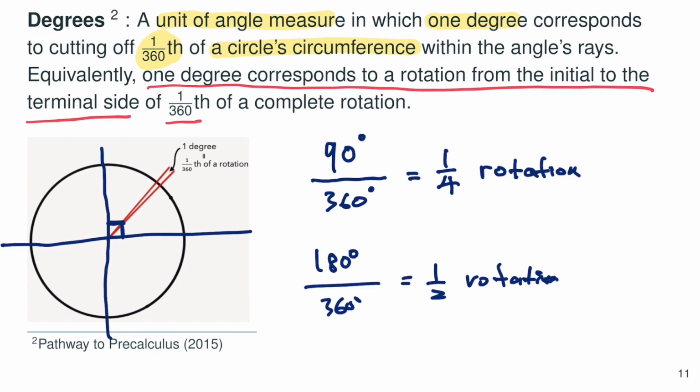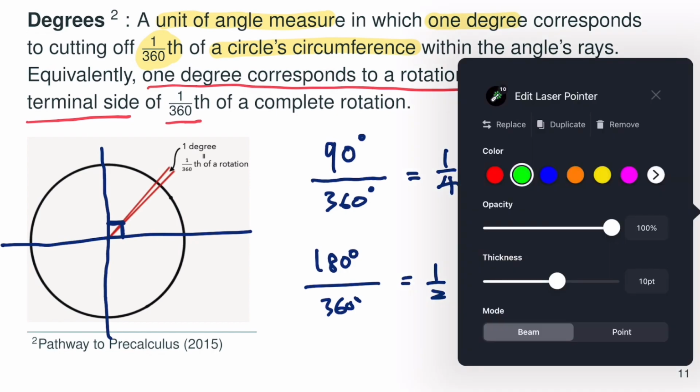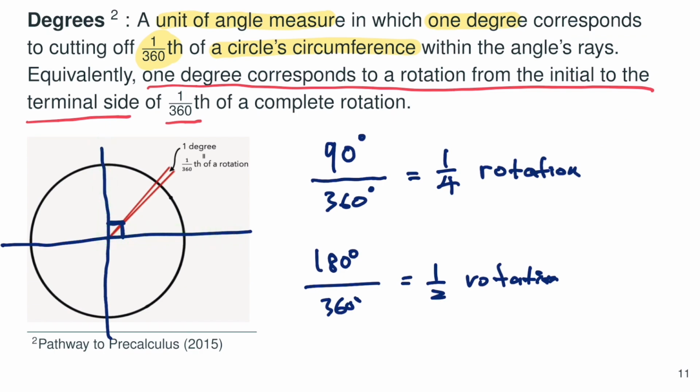Then we can also have half of 90 degrees. If this is 90 degrees, half of 90 is 45, so this is 45 degrees. One degree is very small. If we have 30 of those, it will be somewhere here.